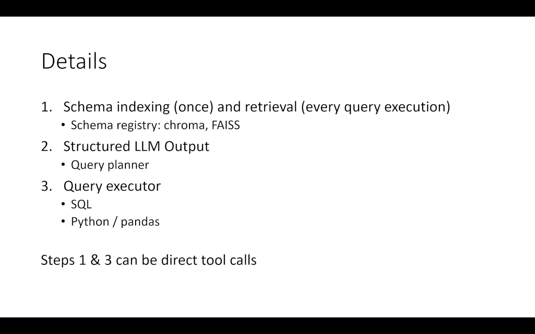Once the LLM generates the query in that particular format, you execute it. For this execution, you can either have SQL, or for a pandas data frame, you can have some Python tool. Now, steps 1 and 3, you can do direct tool calls to avoid some latency of LLM calls, as well as cost.